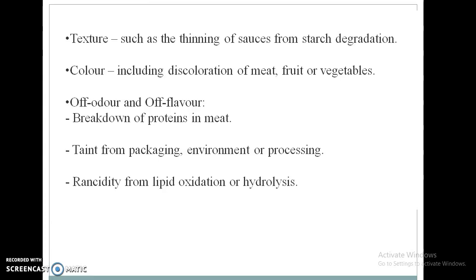Next one is the smell, odor and flavor. Why does this happen? Because of the breakdown of proteins in meat. Next is taint from the packaging, environment or processing. And the final one is the formation of rancidity, because of lipid oxidation or hydrolysis.